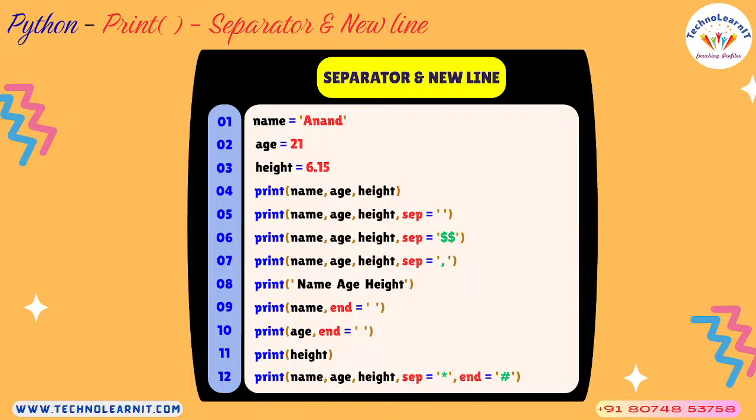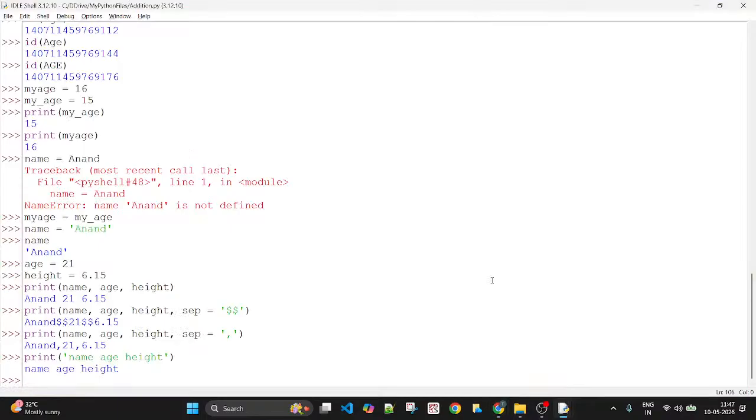Here again, you are using multiple print statements on line numbers 9, 10, and 11, but the end character is space. So you can see the output coming on the same line. Name, end with a single space.